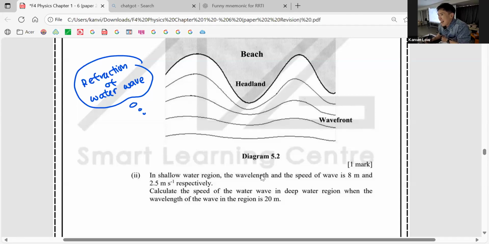Why is this refraction of water wave? Tell me. From the sea middle to the seabed, the wave will curve, right? Why?